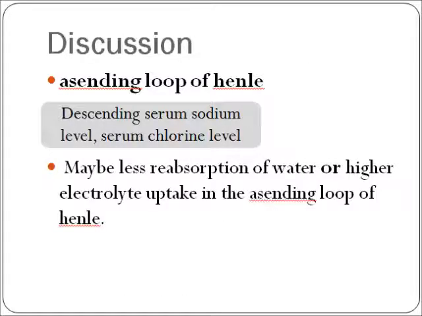The reason why the serum sodium level and serum chlorine level decrease after 30 minutes seems to be because the ascending loop of Henle suppresses reabsorption of sodium, potassium, and chlorine, so that a large amount of water and electrolytes are discharged into the urine through the collecting tube.